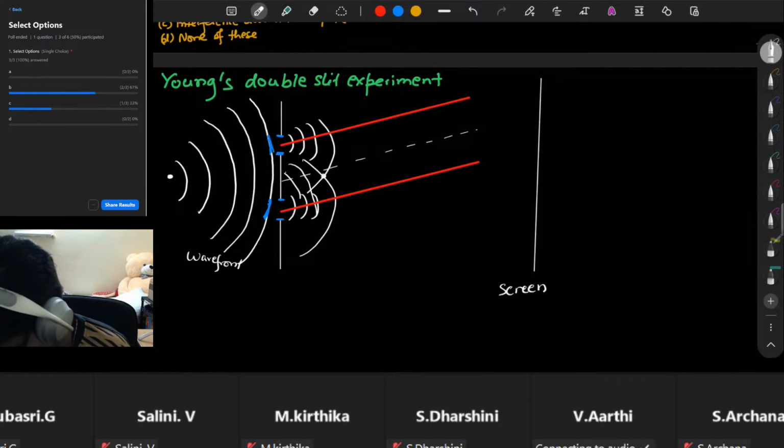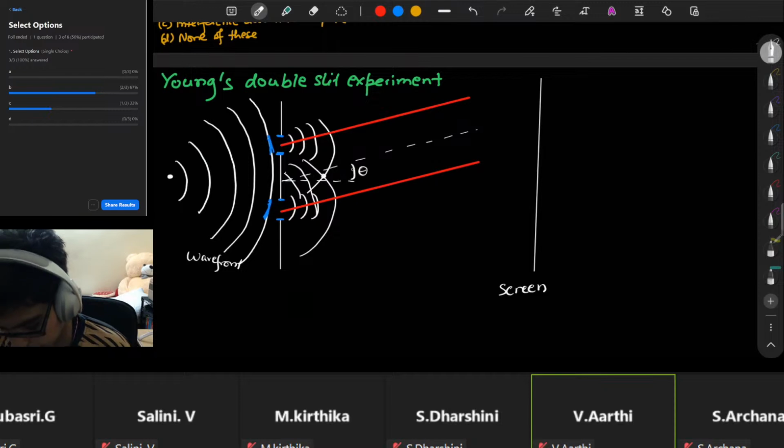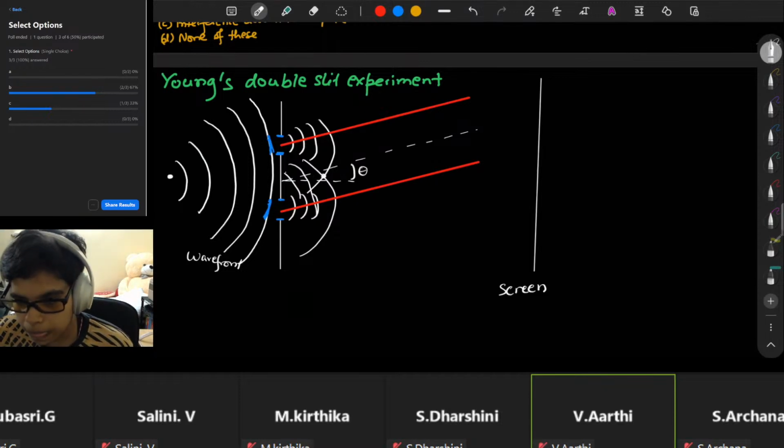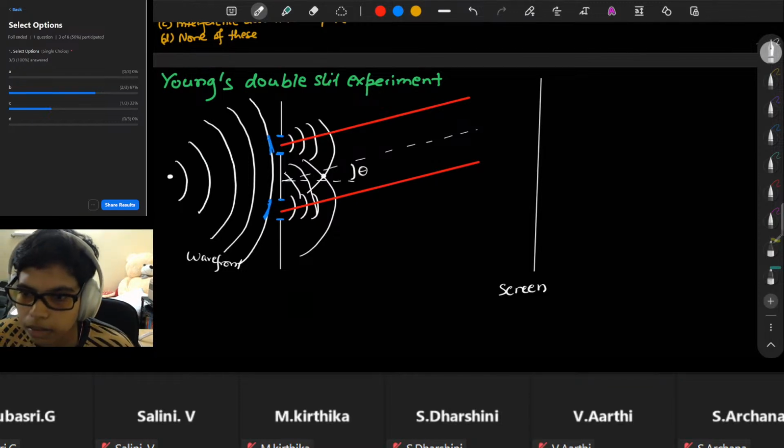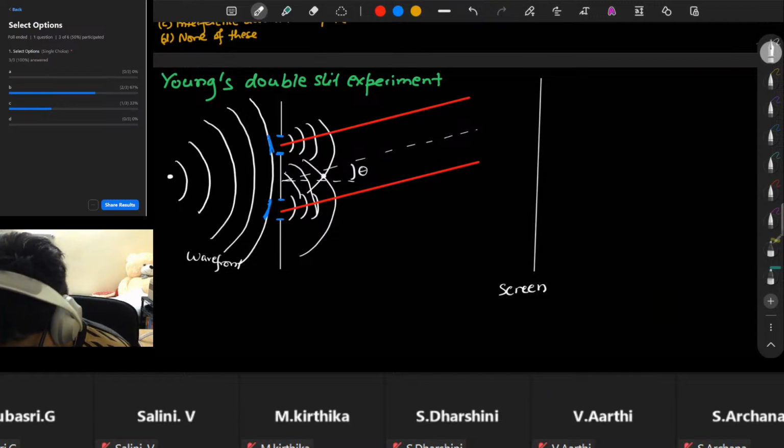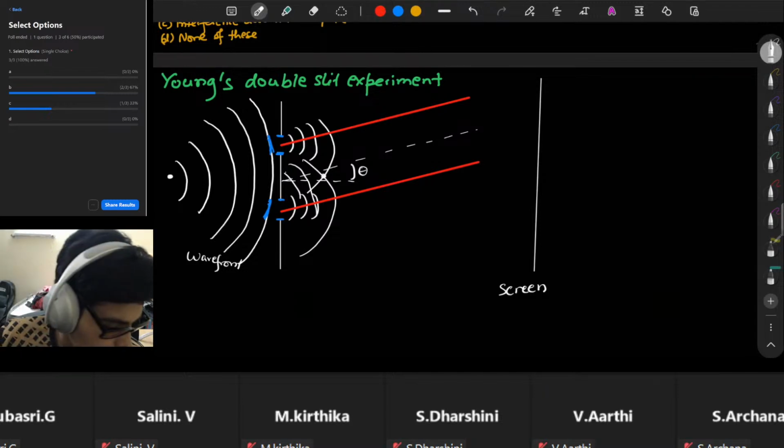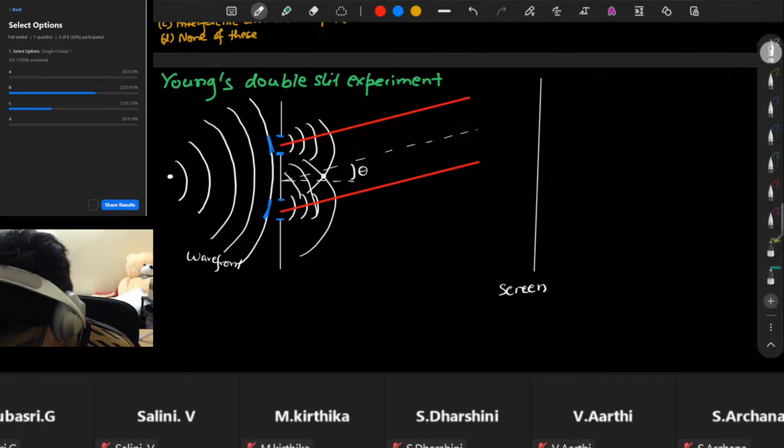And let us say that this angle from the horizontal is theta. We need to find out the path difference. So we will drop a perpendicular from here.